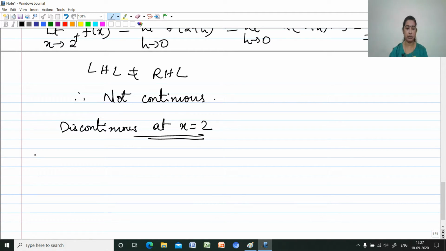Now next is algebra of continuous functions.